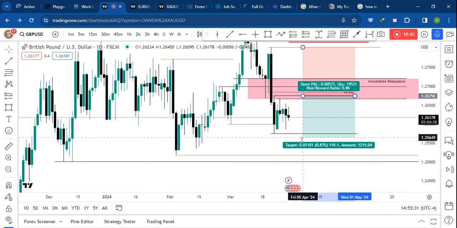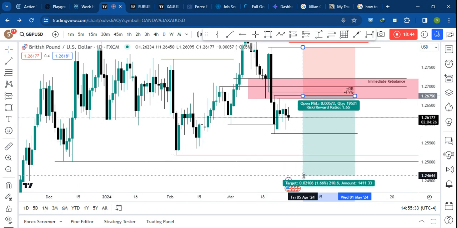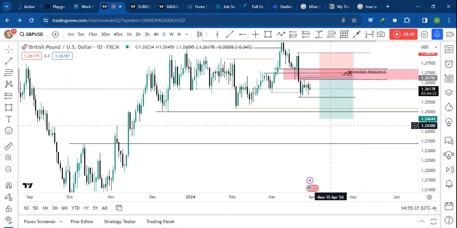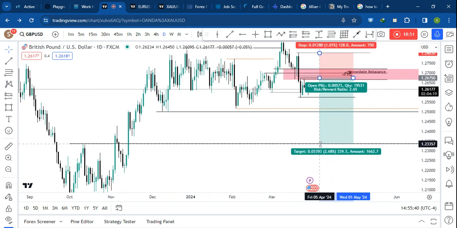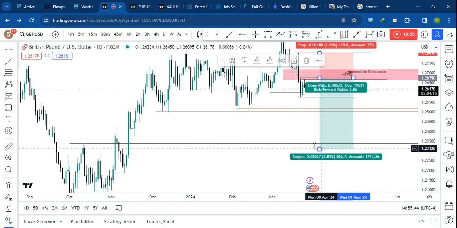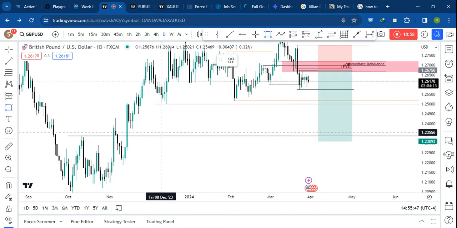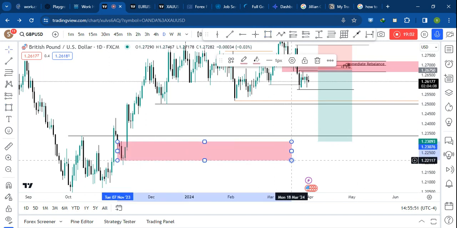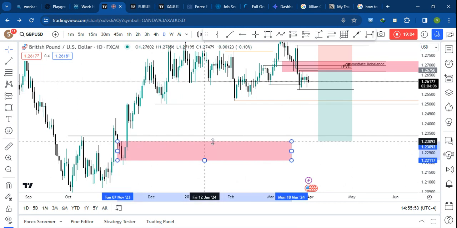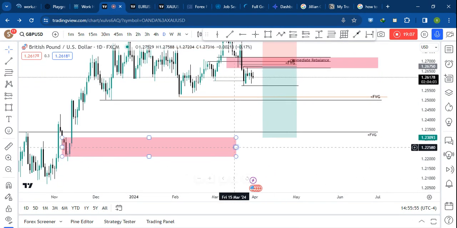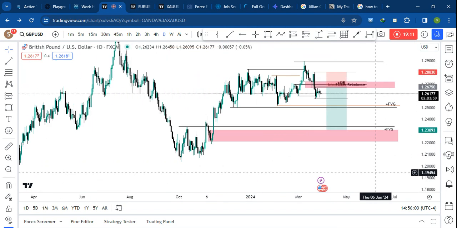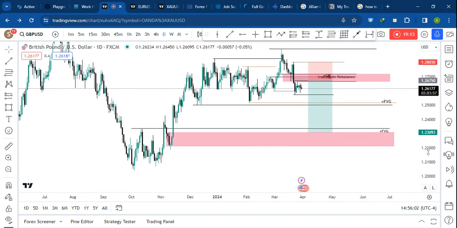So we're going to target 2RR, and with an objective like that you can target, let's say, a 3RR towards this area below the monthly objective. It is a daily demand which has been created with a bullish order block. So that will be the target for this market.